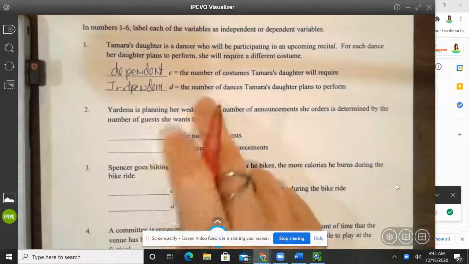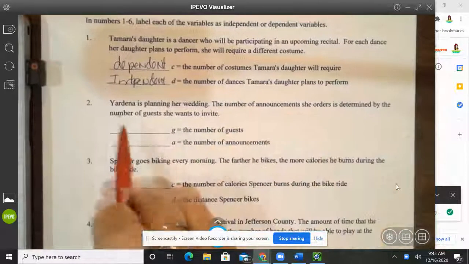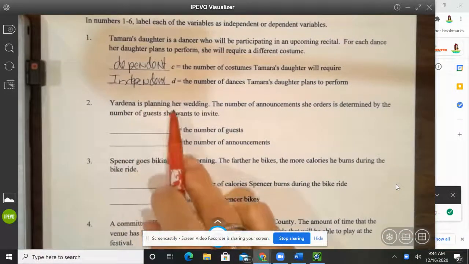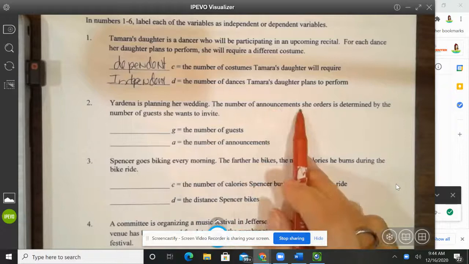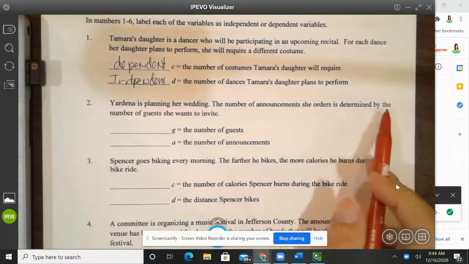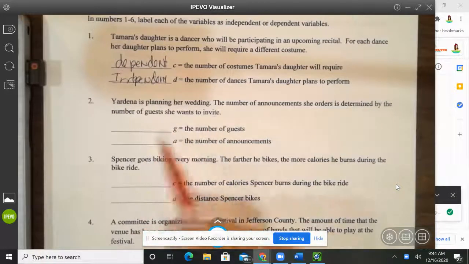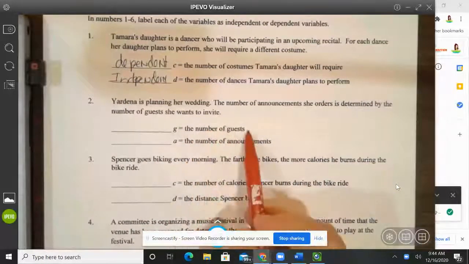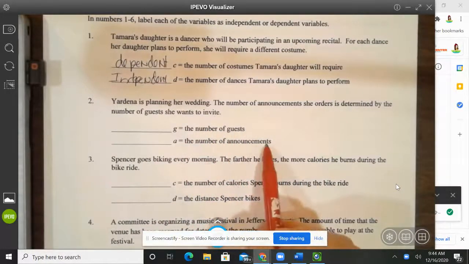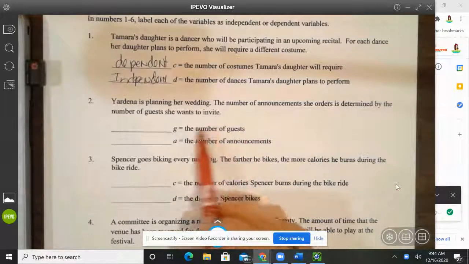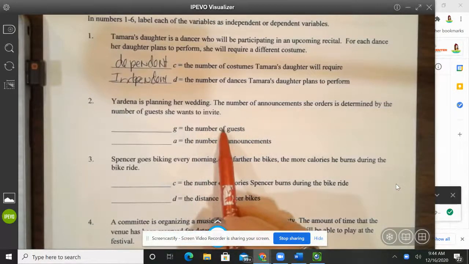Okay, let's look at another one. Yardina is planning her wedding. The number of announcements she orders is determined by the number of guests she wants to invite. So what is independent of what? The number of guests and the number of announcements.